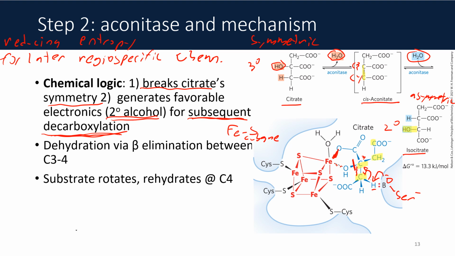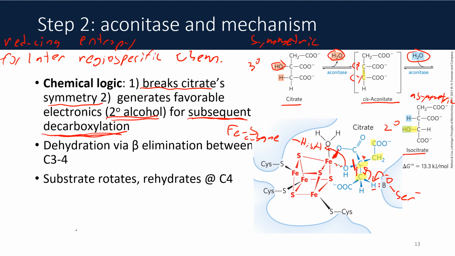Now, normally, hydroxyl groups are not good leaving groups. But there's going to be a nearby protonated histidine, and that's going to serve as a general acid. It is going to donate a proton to that hydroxyl, and it's going to turn it into an oxonium. And that resulting oxonium is going to be a great leaving group.